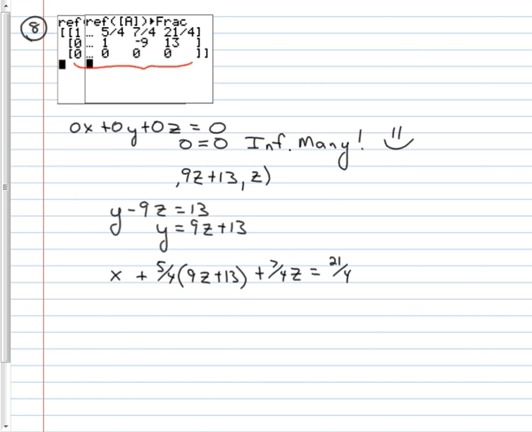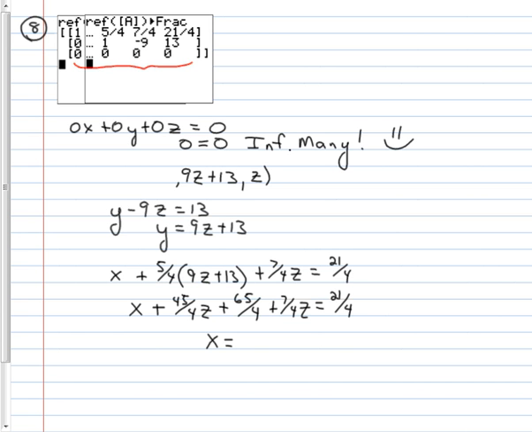All right, not going to try to do too much in my head or I'll get confused. X plus, that'd be 45/4 z plus 65/4 plus 7/4 z equals 21/4. Now I'm going to try to solve for my x. See how good I do. 45/4 z and 7/4 z. What's 45 plus 7? 52.